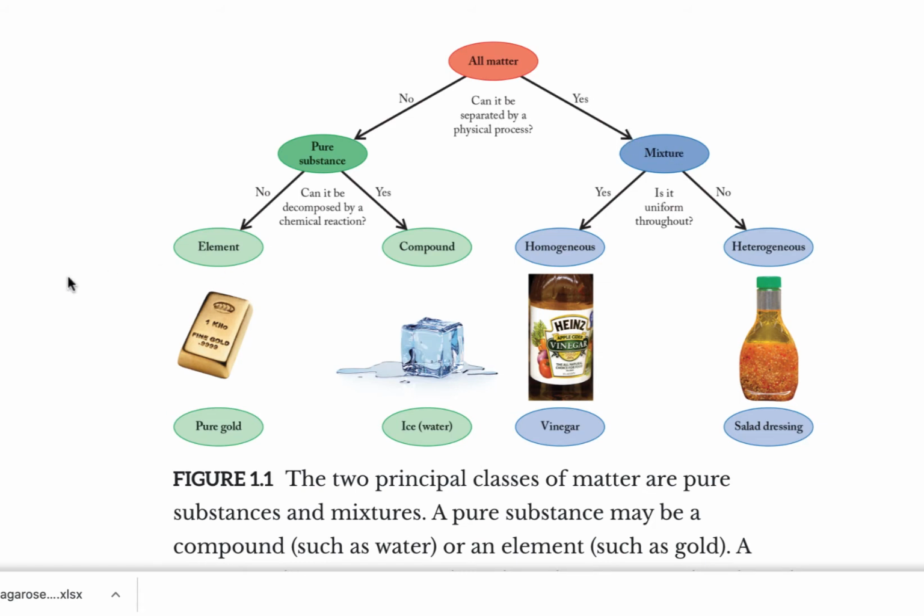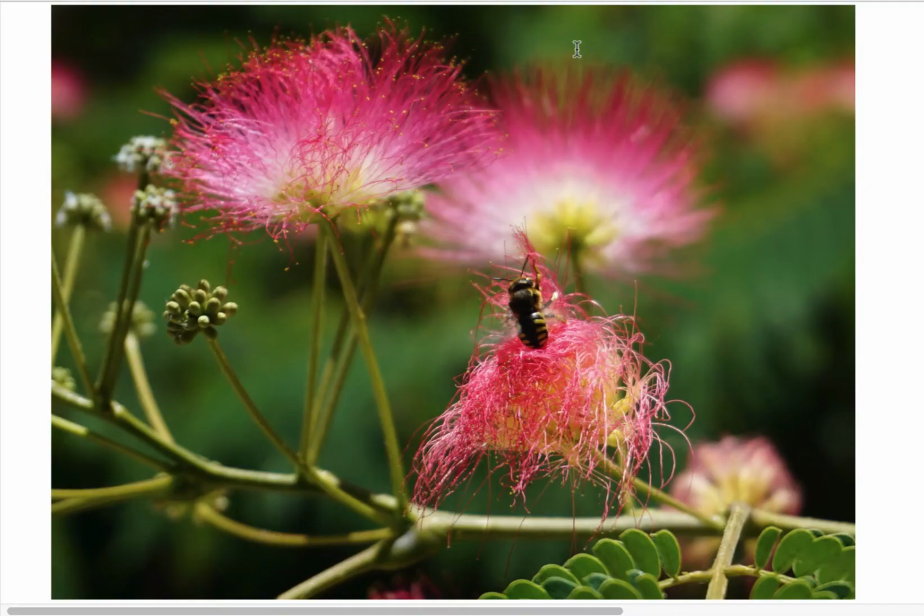So pure substances are materials that have a constant composition. And I'm going to go ahead and write this down for you, just in case you need it.